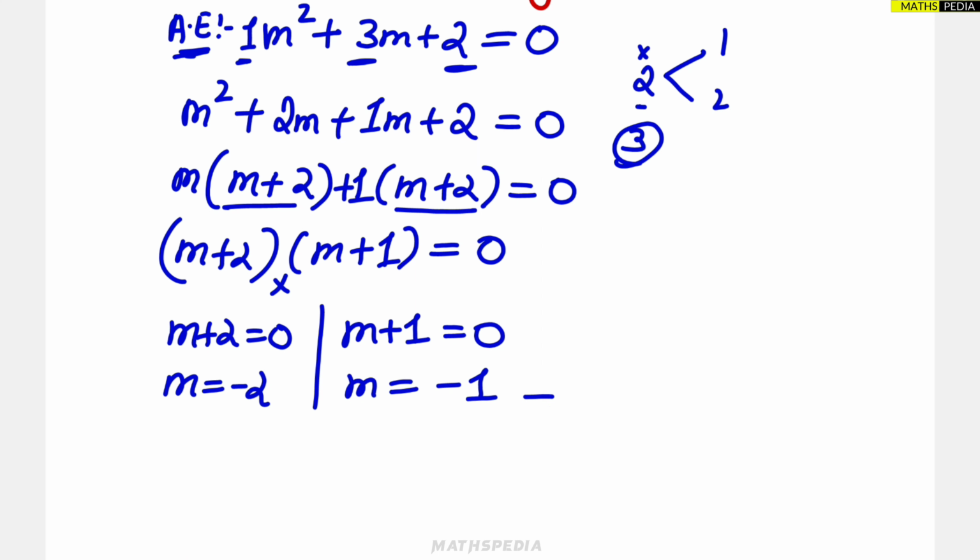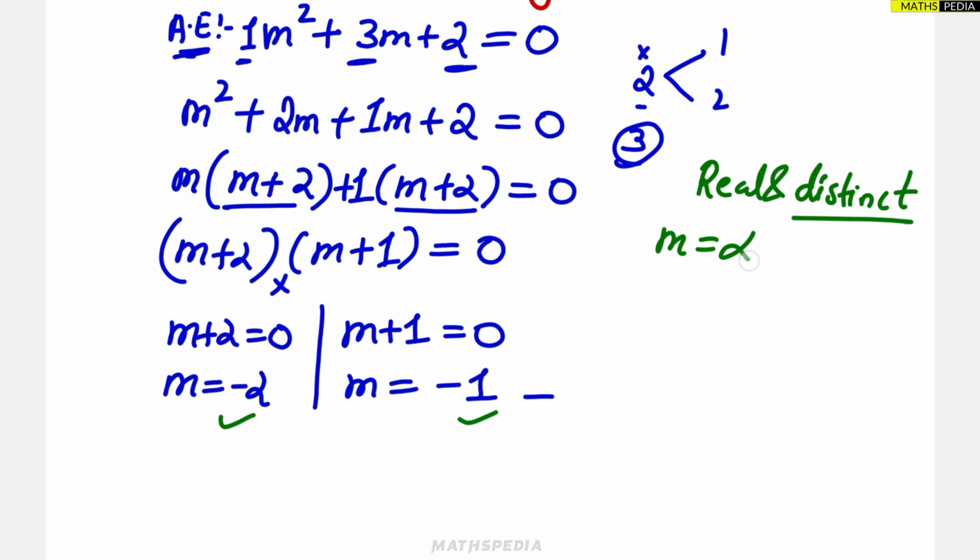Now whenever you are getting the roots as real numbers and distinct, in the sense different, suppose m is equal to alpha is one root and another root is beta, both real and different, we can write the yc value as C1 e power alpha x plus C2 e power beta x.